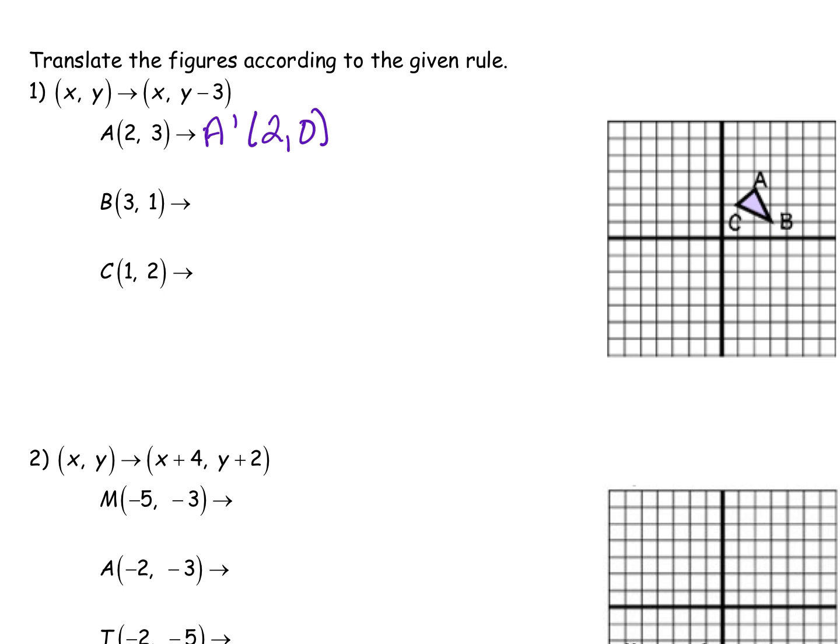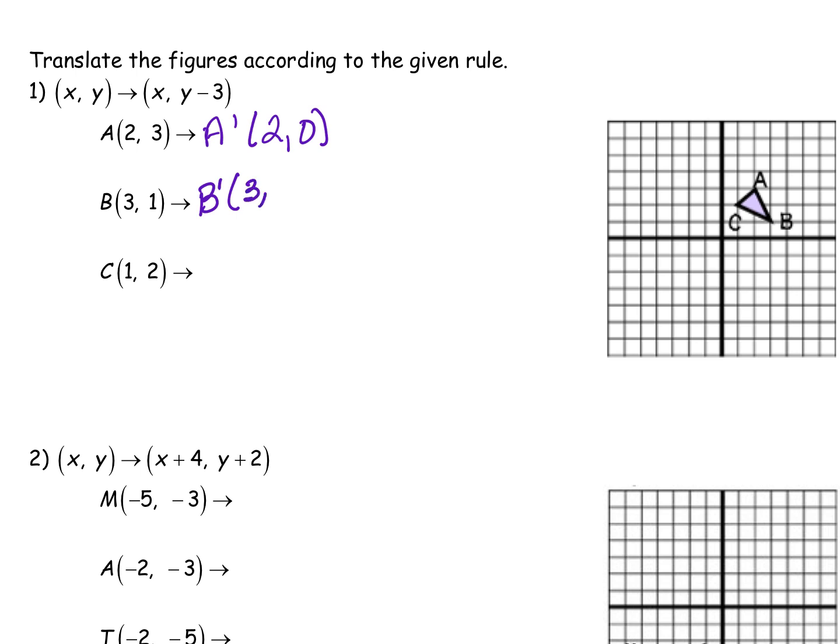So B becomes B prime, and B prime is going to be located where? Can someone tell me where B prime is located? What's the x location of my B prime? 3, great.